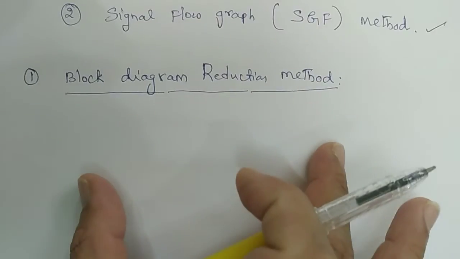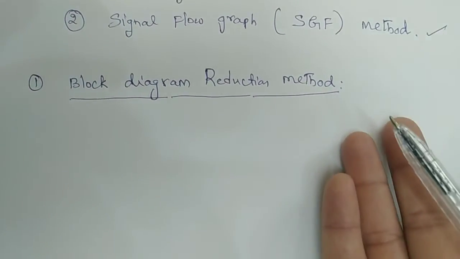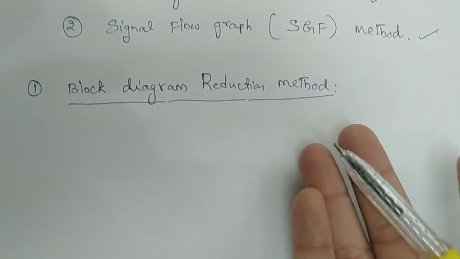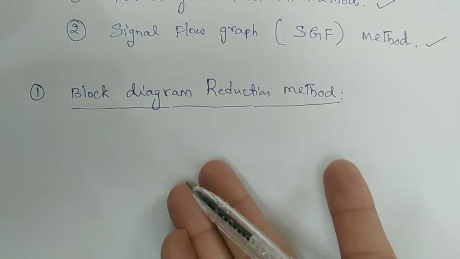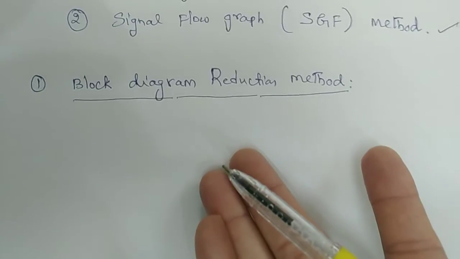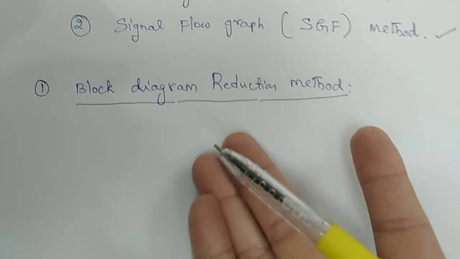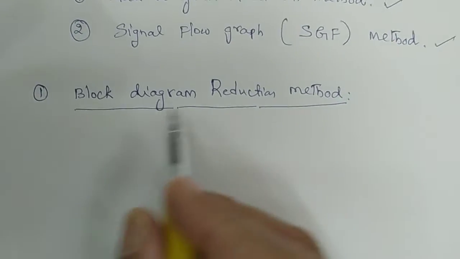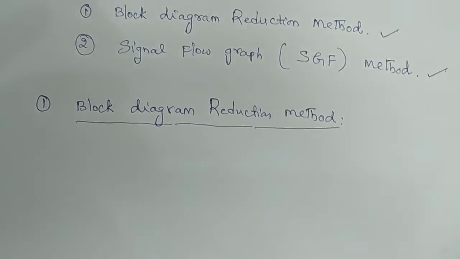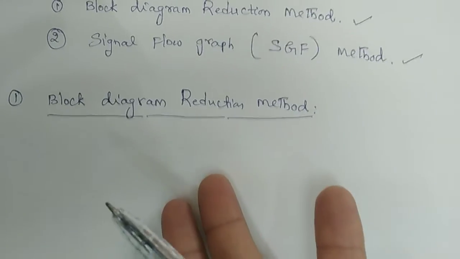In any given problem there could be many blocks. For our understanding, I am explaining with only one gain element and one feedback element, deriving the expression for the closed loop transfer function with positive feedback as well as negative feedback.